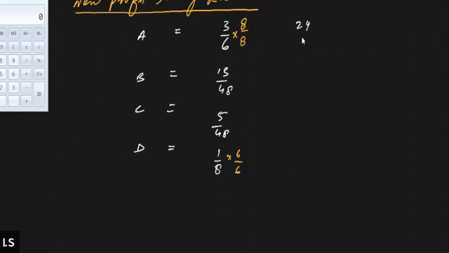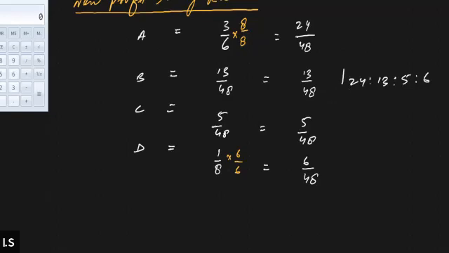So it will be 24/48, then 13/48, 5/48, and 6/48. So the ratio will be 24:13:5:6. Is this clear, everyone?